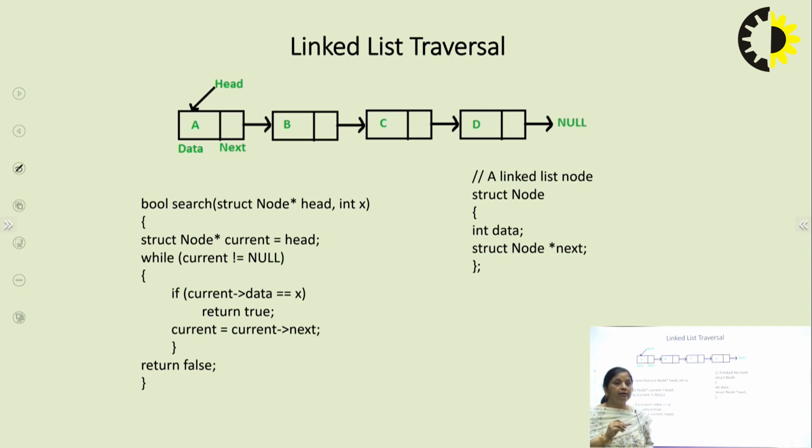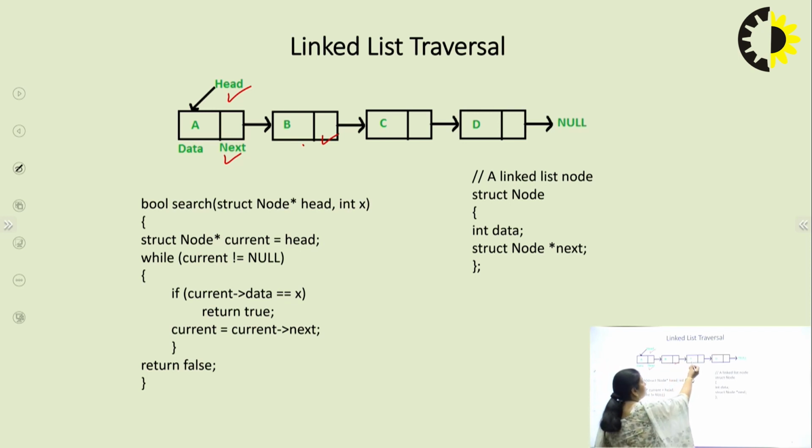In arrays, we directly take a subscript, but here we will have the address of the first node. After processing this, how will I go to the next node? With the help of this pointer. Then I will process this. Then I'll go to the third node with the help of this pointer.